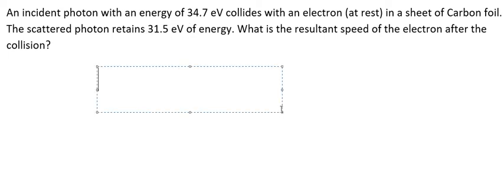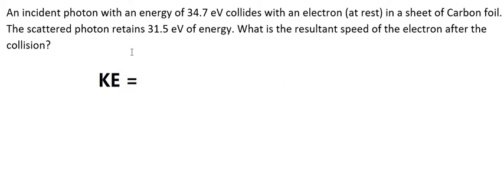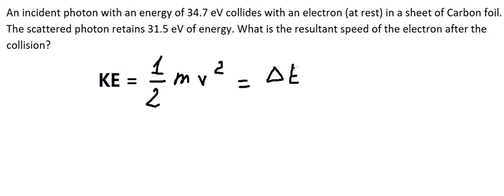That means they just transform the energy of photon into kinetic energy, and we know that the kinetic energy should be about 1/2 mv to the power of 2, and we know that that should be about the difference of the energy in here. So they want to find the speed, that's about velocity in here.